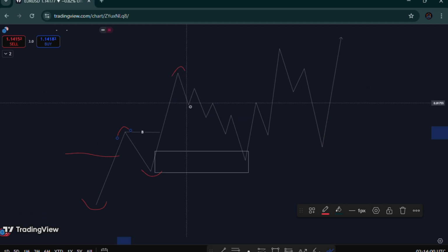During this pullback phase, we should expect price to make a move internally, like low, high, low, high, low, high, and low. When price changes bullish, it is right here, because we can see the internal change of character.